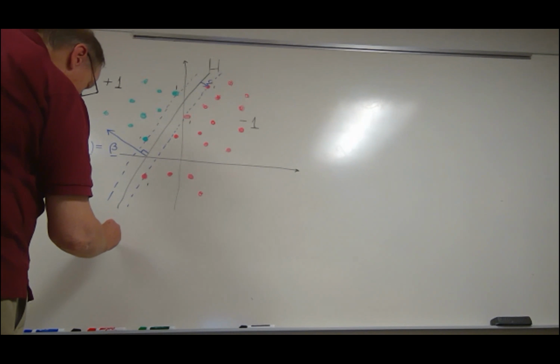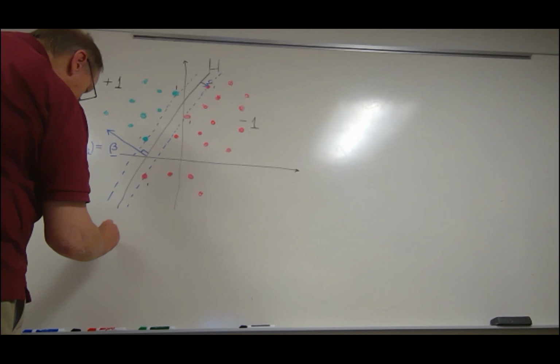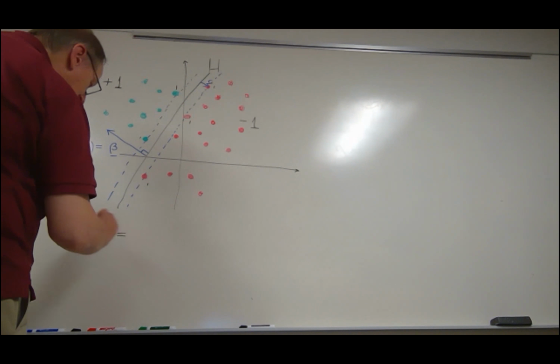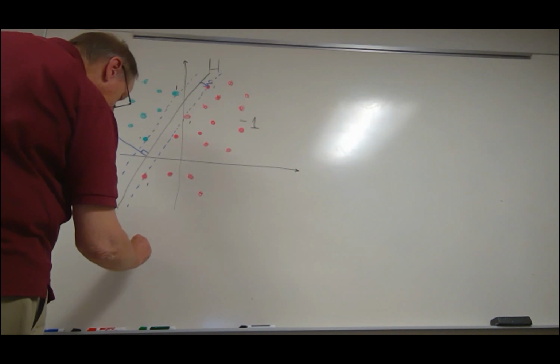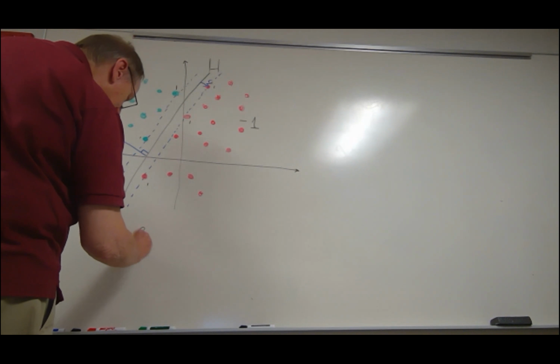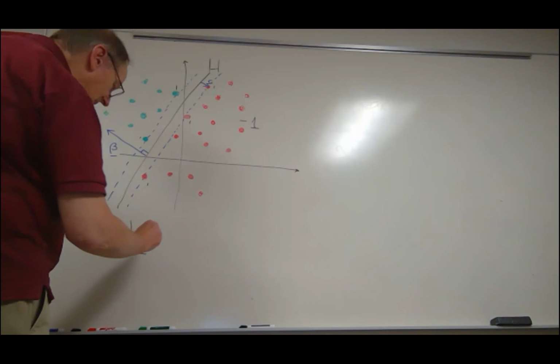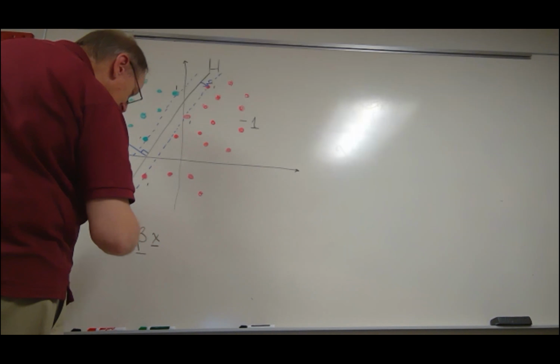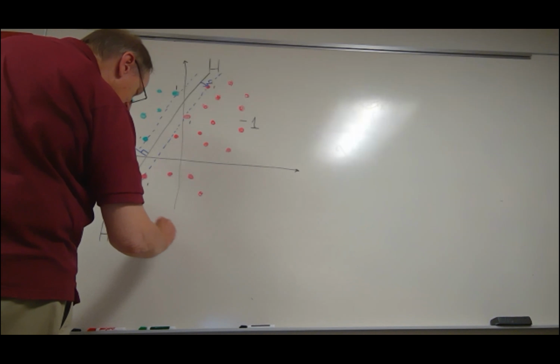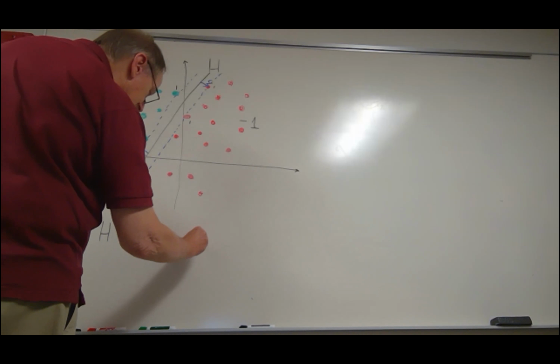And in general, we can write such a hyperplane as an equation: some vector beta, is a set of points x such that beta dot x is equal to some constant c.